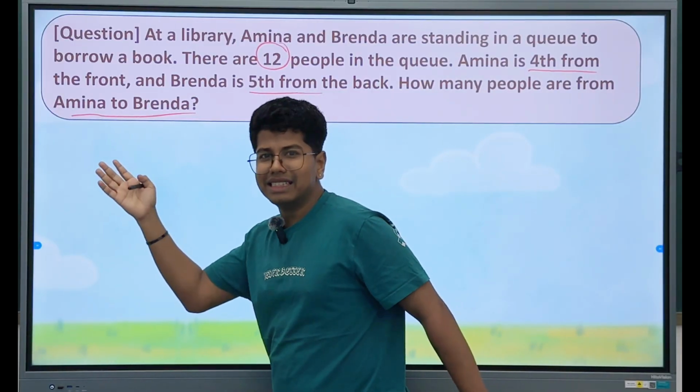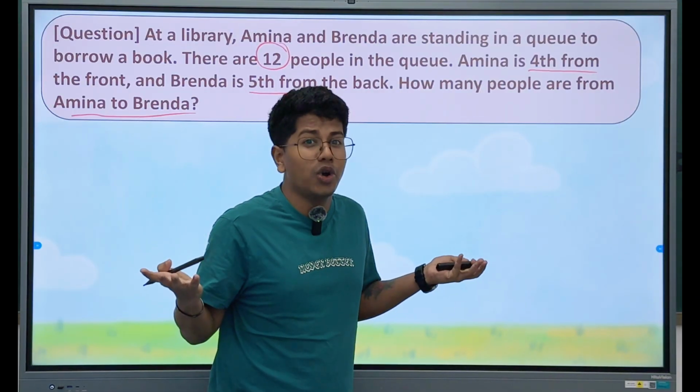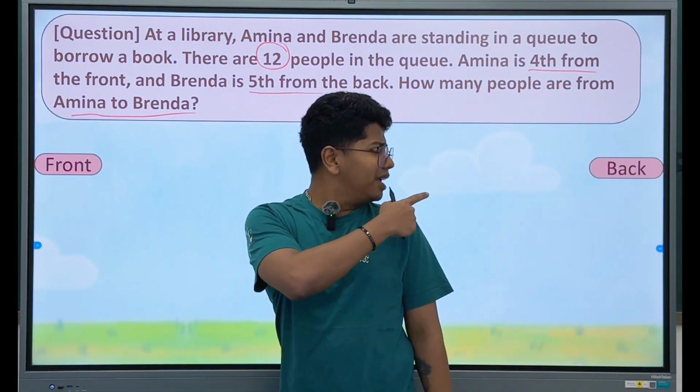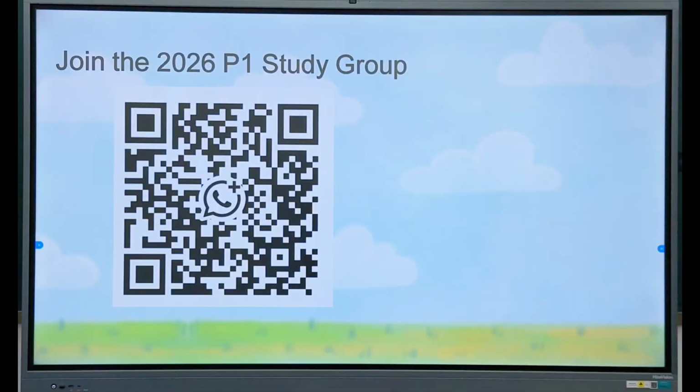Now either we consider this as the front or this as the front because we don't know where is the bookstore. So let's say this is the front, this side. So this one will be my back. Now the number of people given to us is 12.